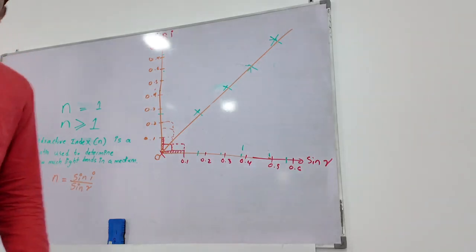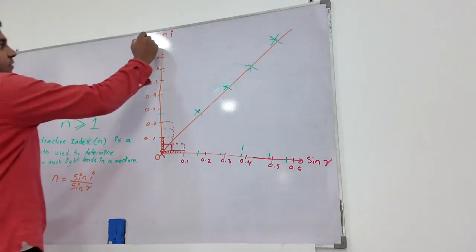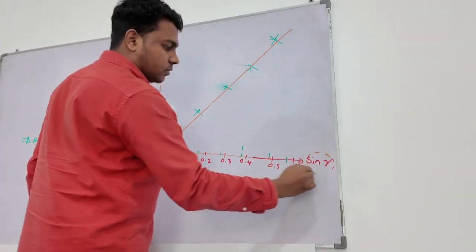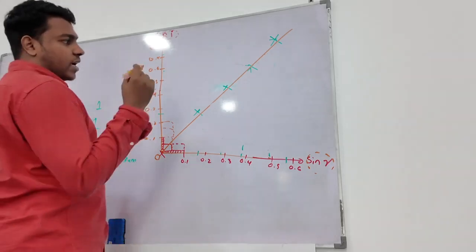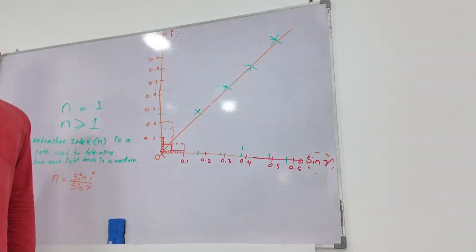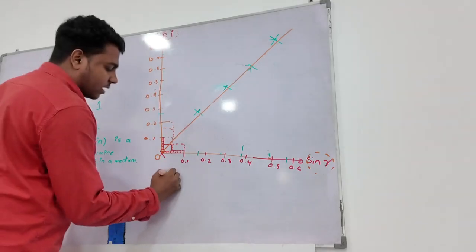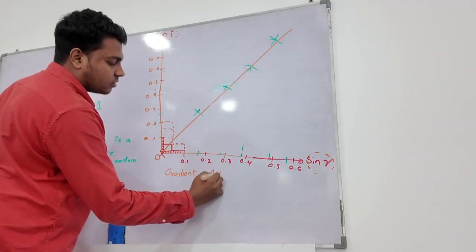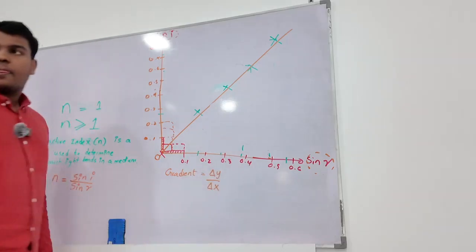Okay? So in our graph, tell me what is the y axis? Sine I. What is the x axis? Sine r. How do we calculate the gradient? What is meant by gradient? Gradient in a graph, can you remember, is just change in y axis over change in x axis.